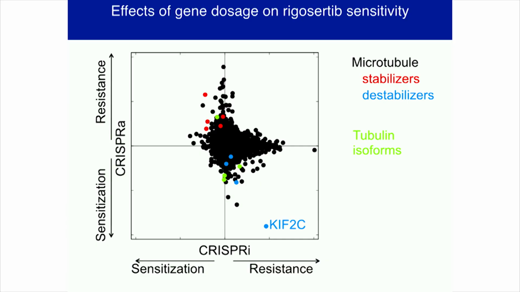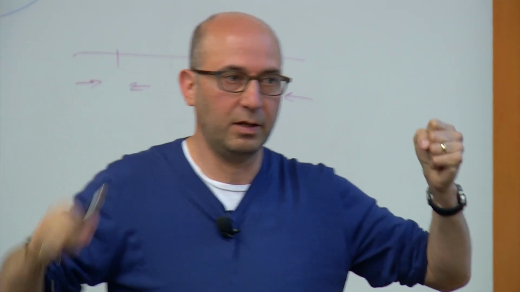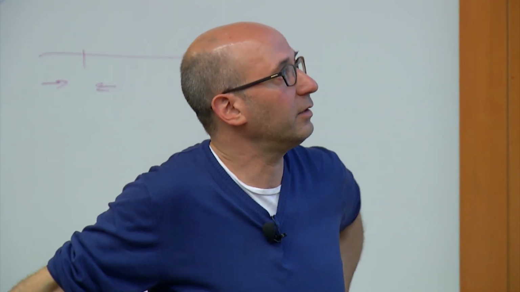In this case, though, it's actually in many ways the CRISPR activation that was the most informative. And the strongest hit was a gene called KIF2C, an alternate kinesin that had been implicated as a destabilizer in microtubules, spindles. So these are, of course, the processes that attach the chromosomes and allow them to segregate to the mother and daughter cells.